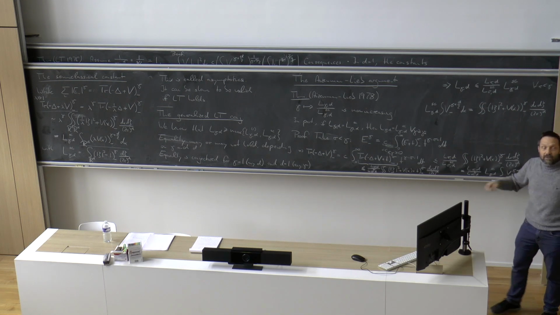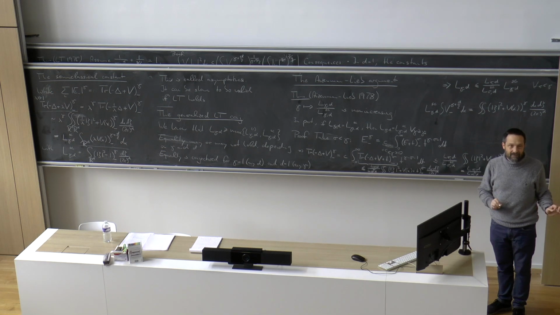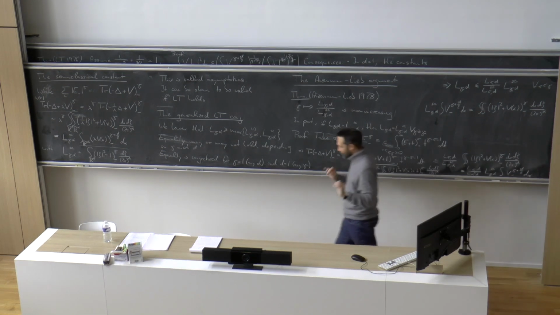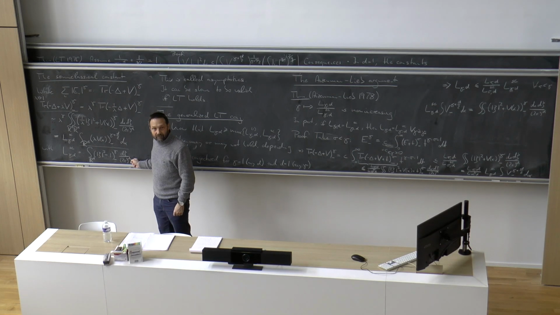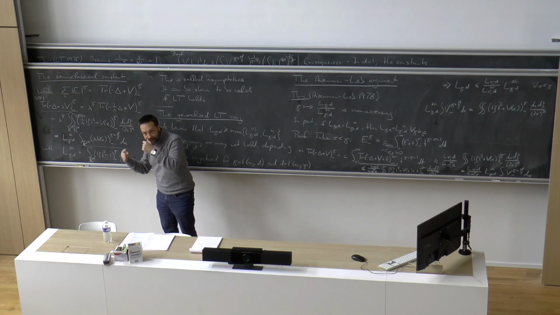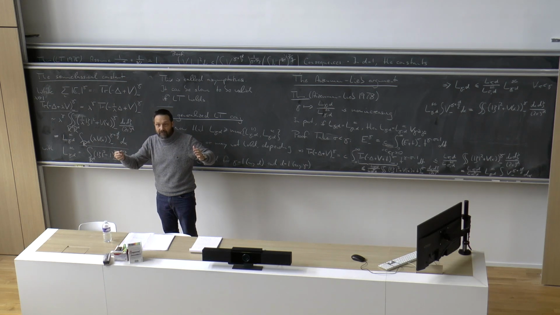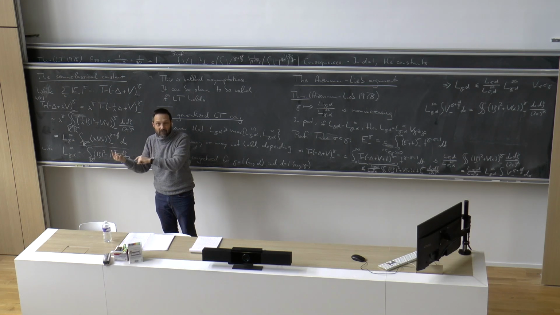You can play the same game in terms of gamma functions. I could have written here a gamma function. You write this out in spherical coordinates, the angles give you the measure of the sphere, which you can express in terms of gamma functions, and then there's a beta function left over, which you can express in terms of gamma functions.